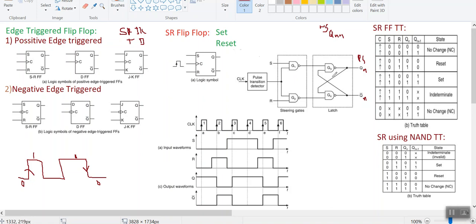In the latch concept we discussed that whenever we give an input, the output varies correspondingly. Whereas here, the steering circuit plays the major role. Along with the steering, we get the outputs as the next state Qn plus 1. So let us have the truth table for the SR flip-flop. I will explain how this SR flip-flop truth table works.